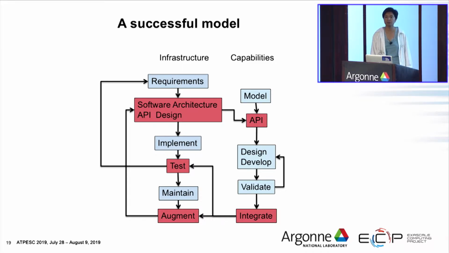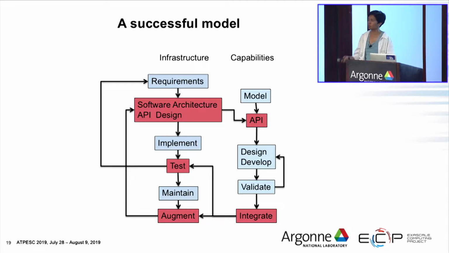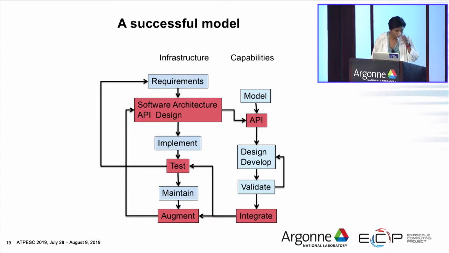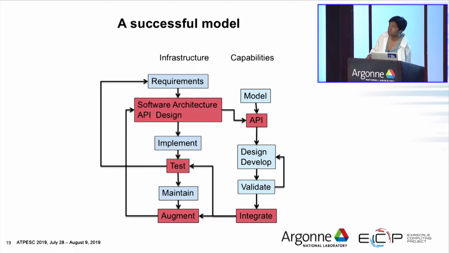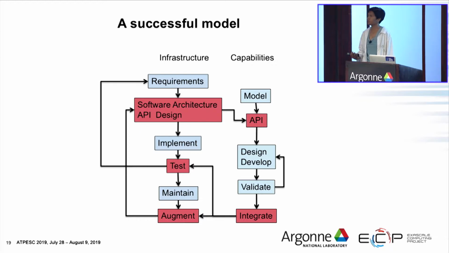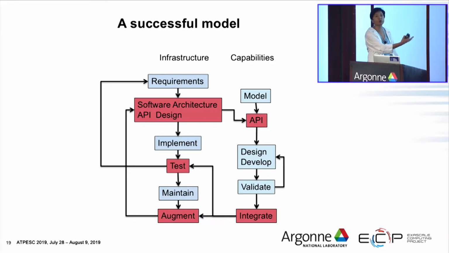So this is the model that can let you do the kind of development that will retain some flexibility, modularity, etc., in your code. And this is how all of the currently successful multiphysics codes in existence, it may not be articulated in this way, but they have more or less followed this model of development.